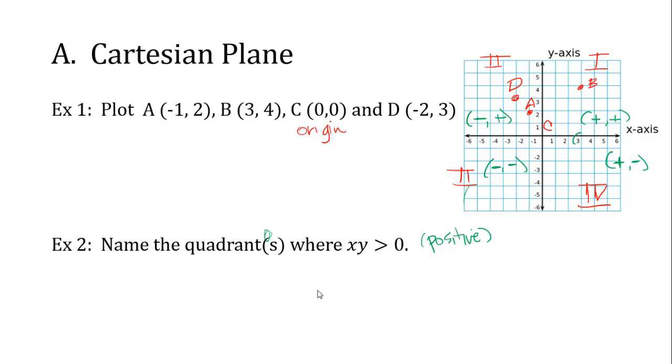So we look back at our Cartesian plane and decide where the x and y signs are identical. Well, in quadrant 1 they're both positive, so that's one of my answers. And in quadrant 3 they're both negative. If you multiply two negatives together you get a positive answer, which fits this criteria. So my answer is quadrant 1 and quadrant 3.